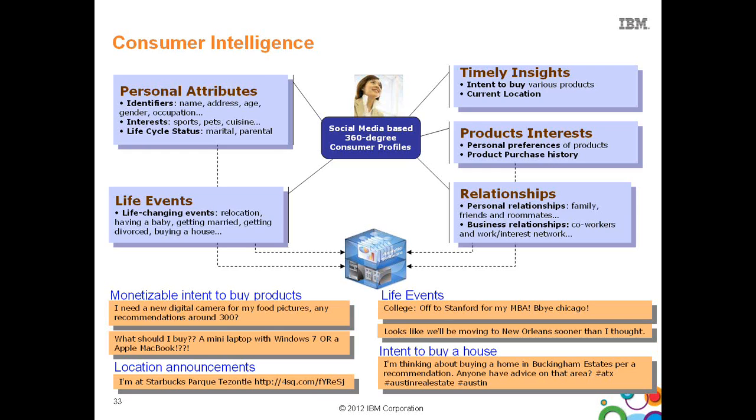I'll take some examples in the next slide. Someone is talking about life events. He says, I'm off to Stanford for my MBA. Now you got some information that this person is getting into a management type of thing. And someone says, I'm moving, or I just graduated and thinking of buying a car.